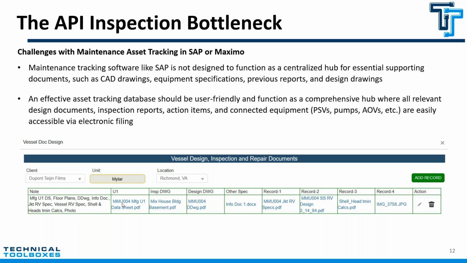In your database, you have a design document button. You open it up, and right there is all related documents, pictures, calculations, RV specs, you name it, design drawings at the click of a button. Okay, that's a user-friendly hub, and there is really no other software out there that provides that.